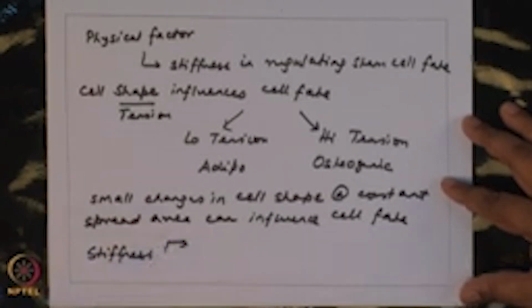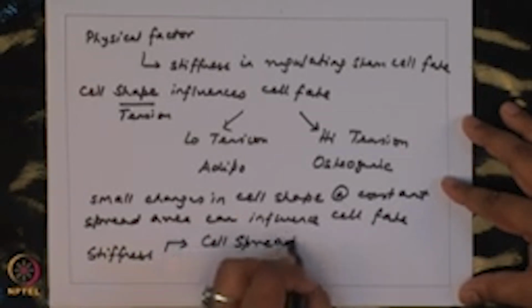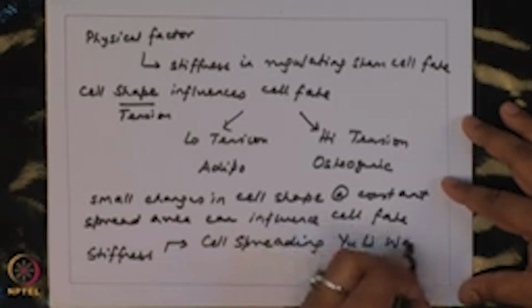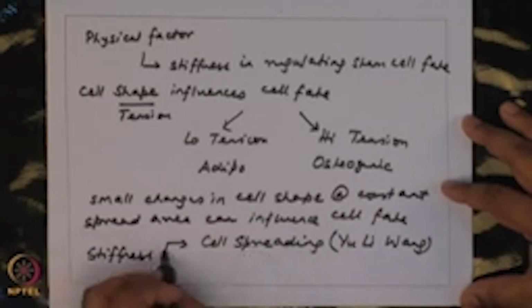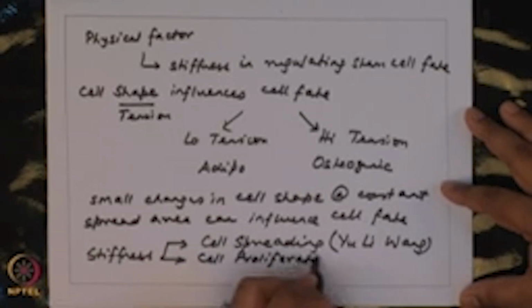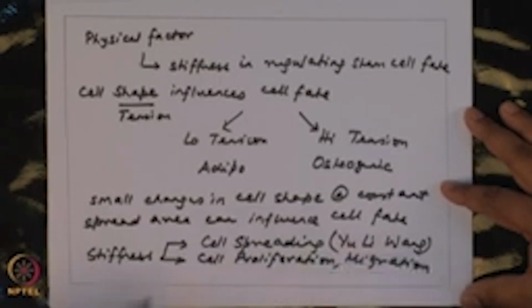ECM stiffness has been shown to direct cell spreading. This is the Yu-li Wang paper who first demonstrated it, and this increased cell spreading is driven by greater focal adhesion signaling. A lot of other studies have demonstrated the effect on cell proliferation and migration. And it has also been described that stiffness regulates differentiation.